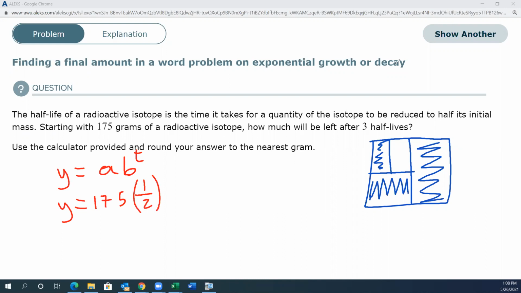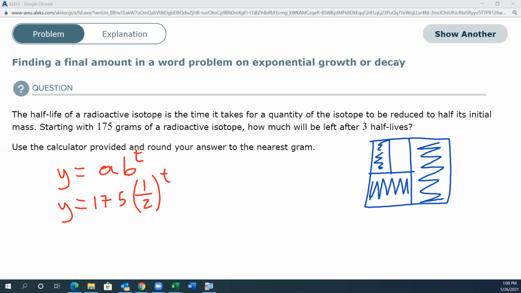We're going to end up with half. And in this case, t stands for the number of half-lives. Not number of years, but just number of half-lives, whatever the half-life is. Again, it might be measured in seconds, years, hours, I don't know. Probably years, but maybe not. And then that will give you what you want.